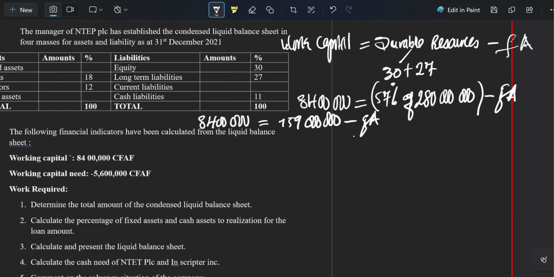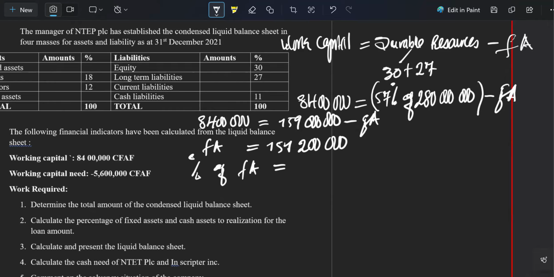When we solve this, our fixed assets are equal to 151 million, 200,000.